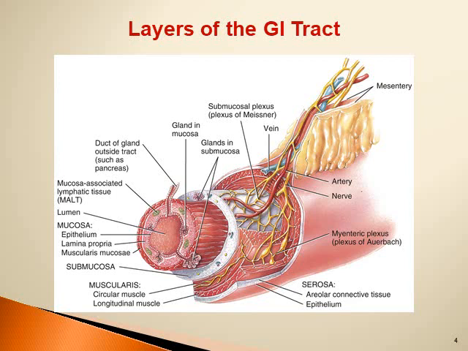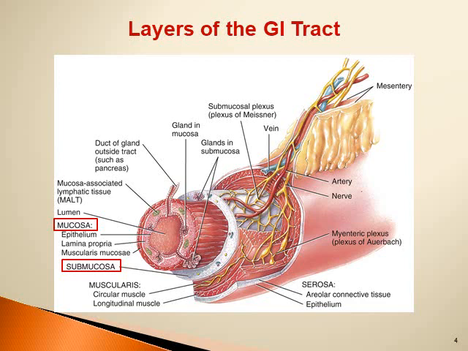These four main layers are the mucosa, the innermost layer, that is composed of epithelium, lamina propria, and muscularis mucosa, then followed by the submucosa, which is loose connective tissue that contains blood vessels, lymphatics, and nerve fibers, and also it is the house of the submucosal plexus.